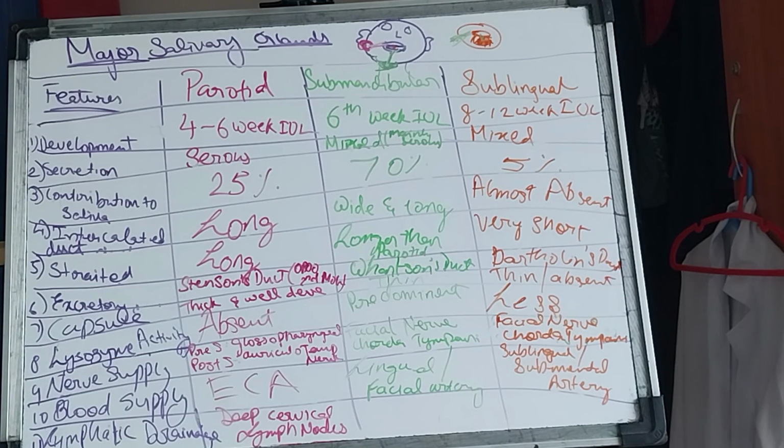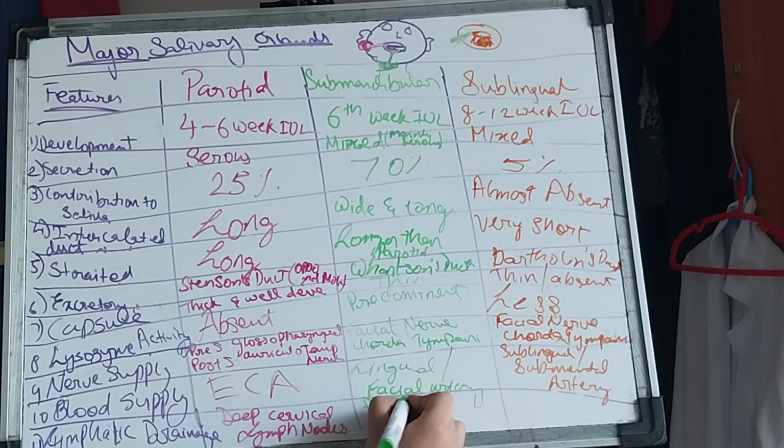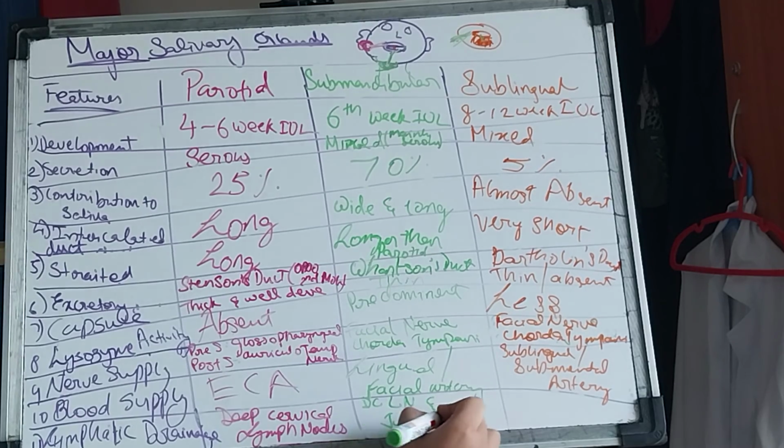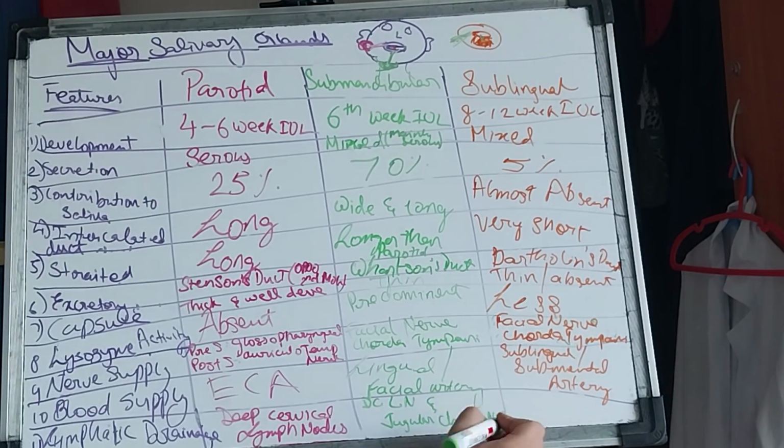For submandibular, it is the deep cervical lymph nodes and the jugular chain of nodes. Okay, same as this. Deep cervical lymph nodes and jugular chain of nodes. And for sublingual, it is the submandibular lymph node.